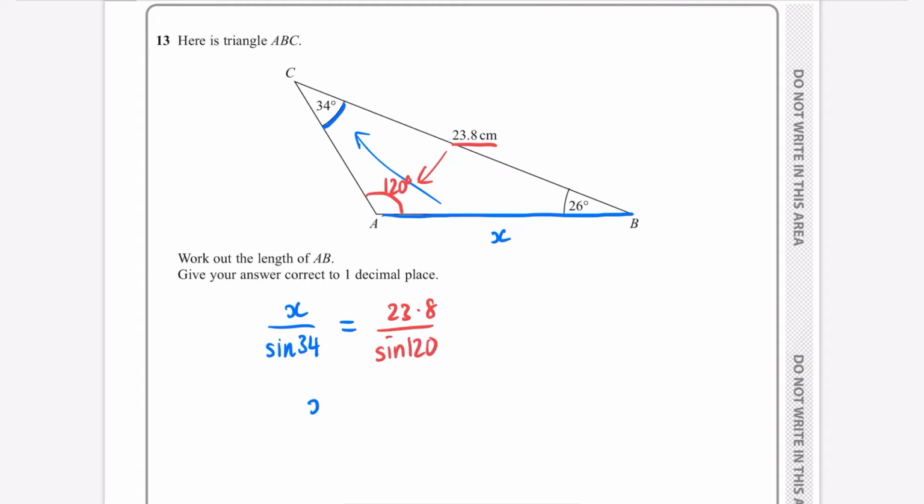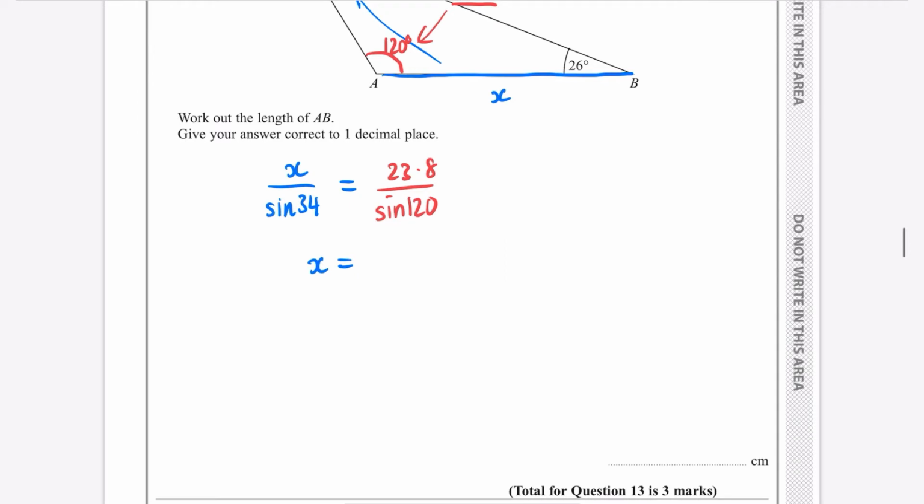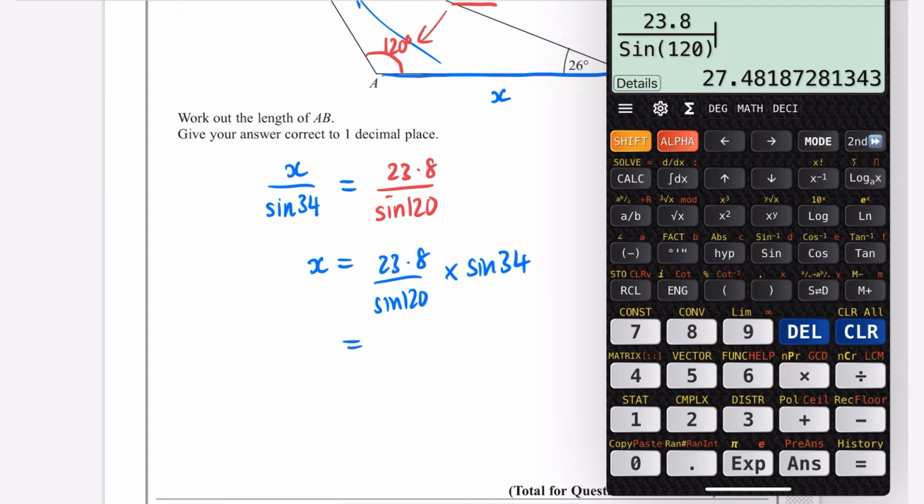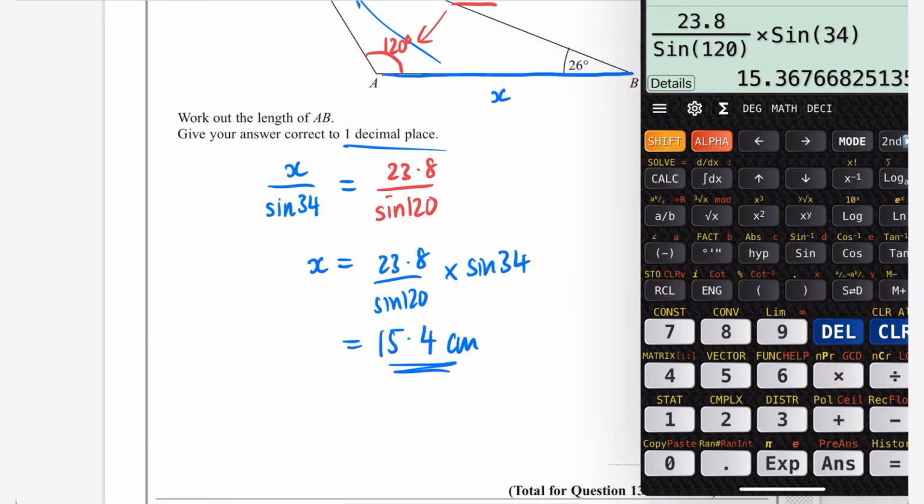So to get x as the subject, I'm going to take the 23.8 divided by the sine of 120, and multiply it by the sine of 34, and I'm going to input that all into my calculator exactly as it is there. So it's 23.8 over sine 120, and then I'm going to multiply that by the sine of 34, which gives me that x is equal to 15.4 centimetres to 1 decimal place, so 15.4 centimetres.